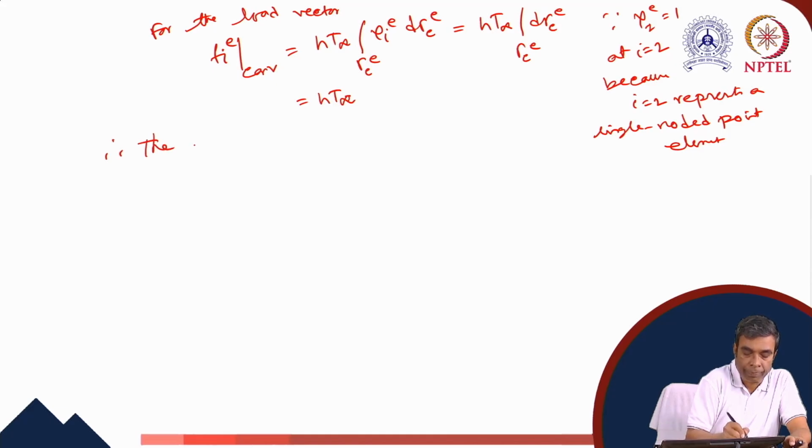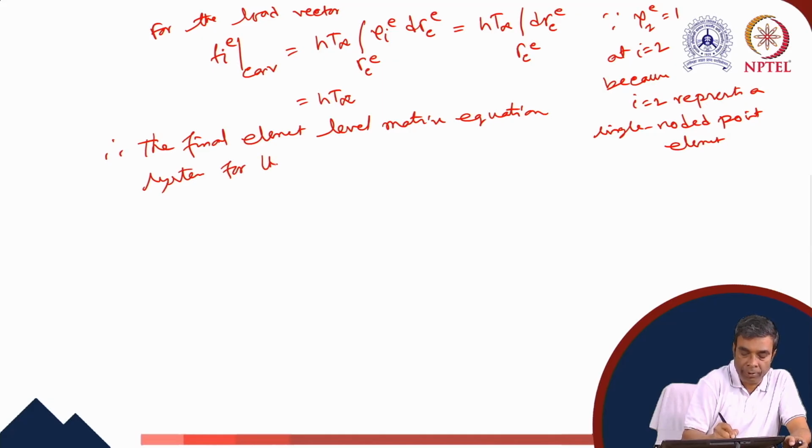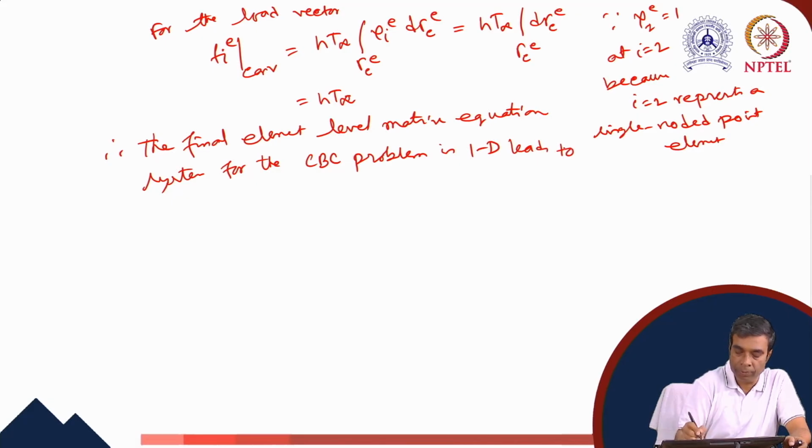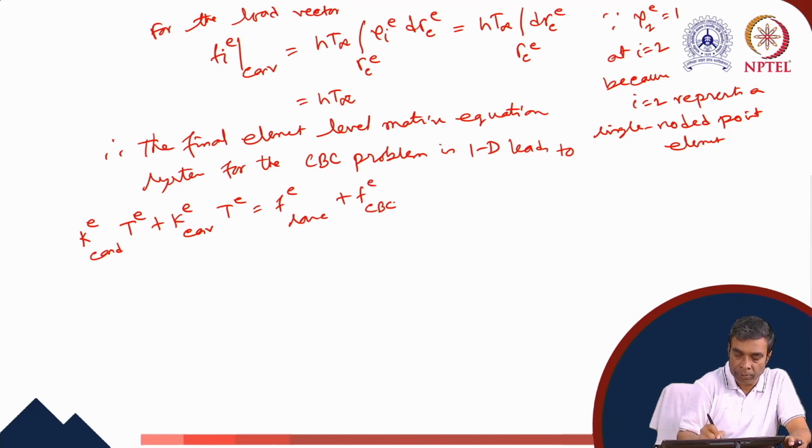Therefore, the final element level matrix equation system for the CBC problem in one dimension leads to KE conduction into TE plus KE convection into TE equals FE source plus FE due to CBC.